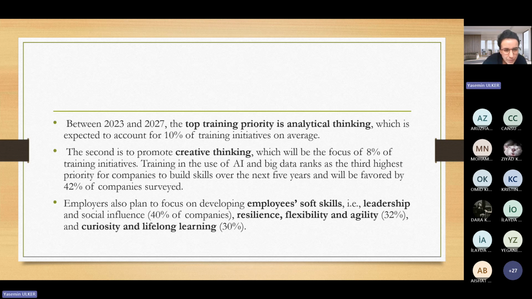So okay, let's continue. Employers also plan to focus on developing employee skills: leadership, social influence, resilience, flexibility, agility, curiosity, and lifelong learning. Do you remember curiosity from last week? One of you asked me a question, yes, about culture, right?